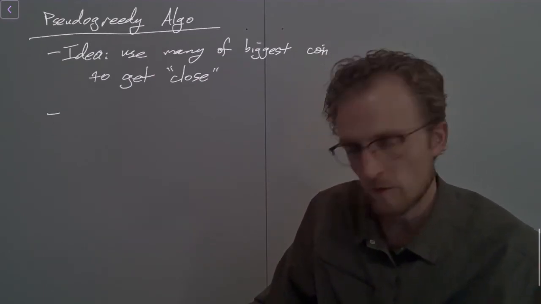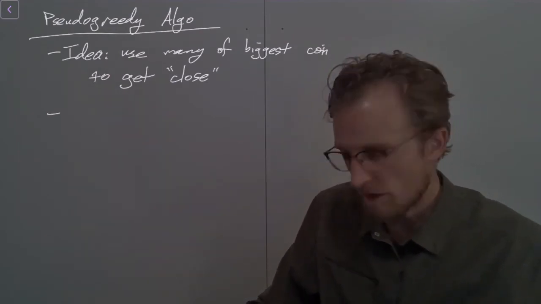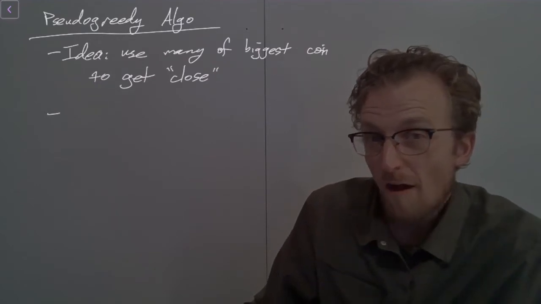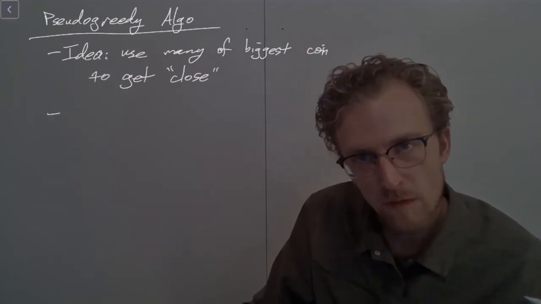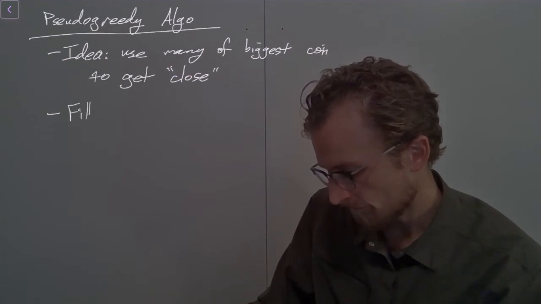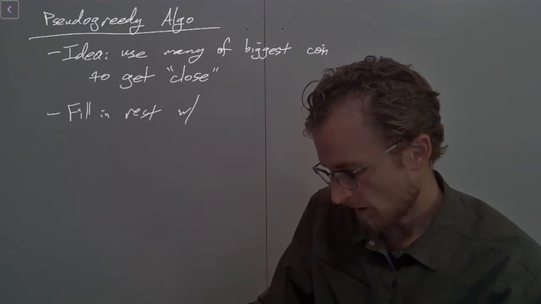Does close mean within like 2 of your biggest coin, or maybe within like the sum of all your denominations, or maybe close means halfway there or something like that, right? Use many of your biggest coin to get close, and then fill in the rest with the DP algorithm.